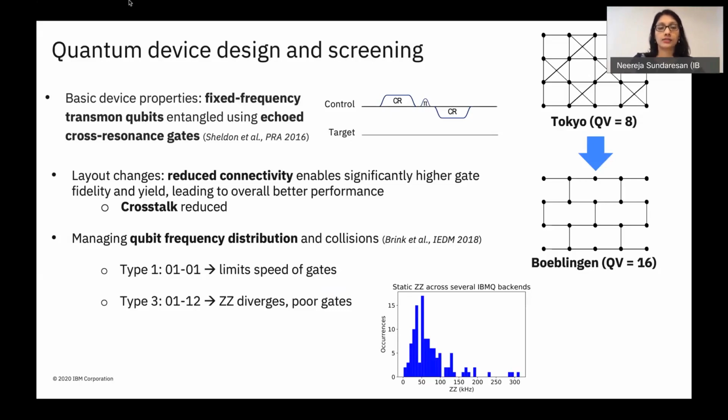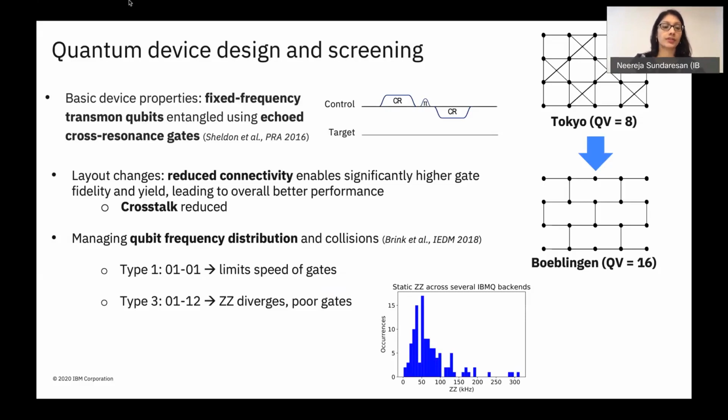To highlight some of the collisions that we're specifically looking for when we're talking about qubit frequency distributions and why they're undesirable, let's look at 2 examples. The first case is perhaps the most obvious one, where you have 2 coupled qubits and they have nearly the same transition frequency. As it approaches the limit, we're limited in the speed at which we can drive the gates, and ultimately this will limit our gate fidelity.